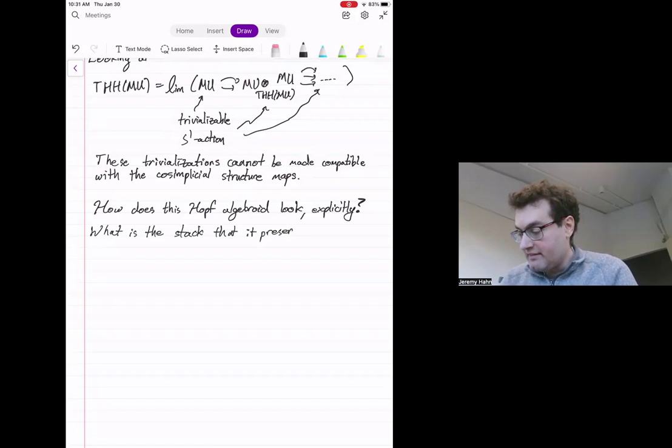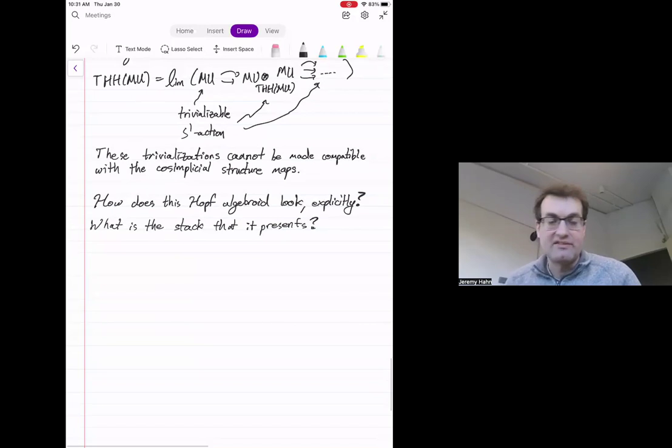That stack, remembering the E2 page we are interested in. For example, the kinds of stacks we might see in the Adams-Novikov spectral sequence would be M_FG, and this is going to be some other stack that probably has something to do with formal groups.